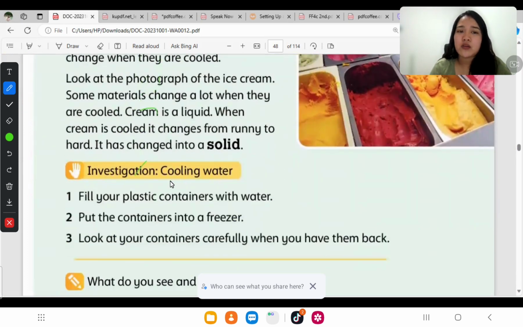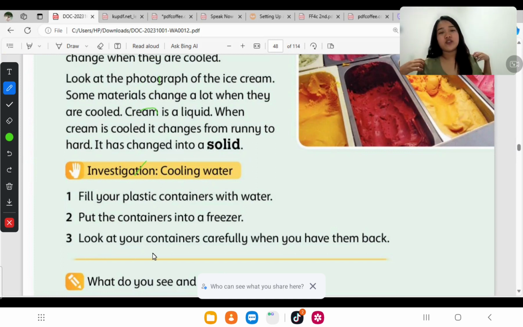So now let's talk about cooling water. Number one: fill your plastic containers with water. Number two: put the containers into the freezer. Number three: look at your containers carefully when you have them back.